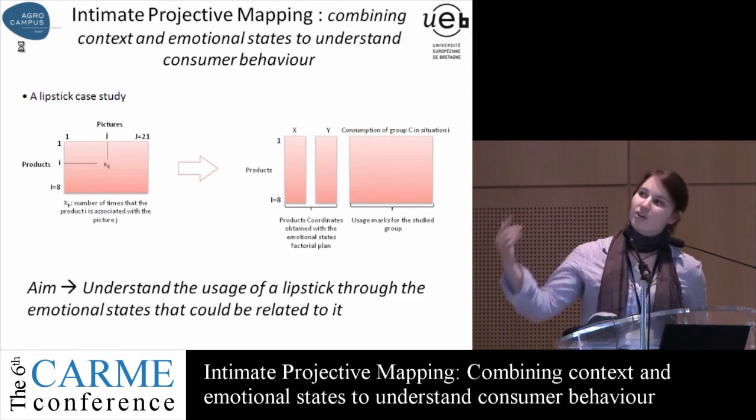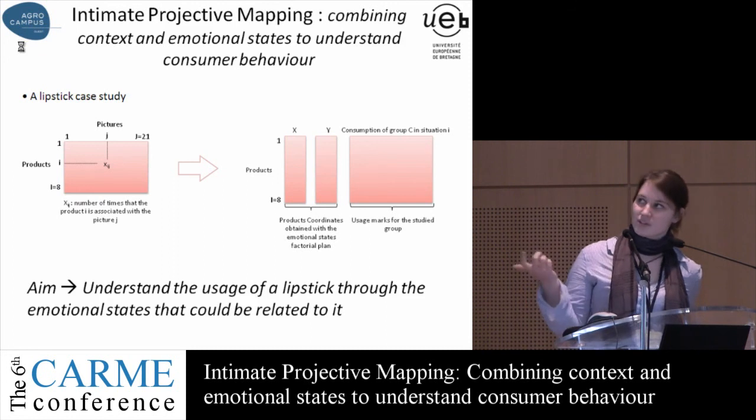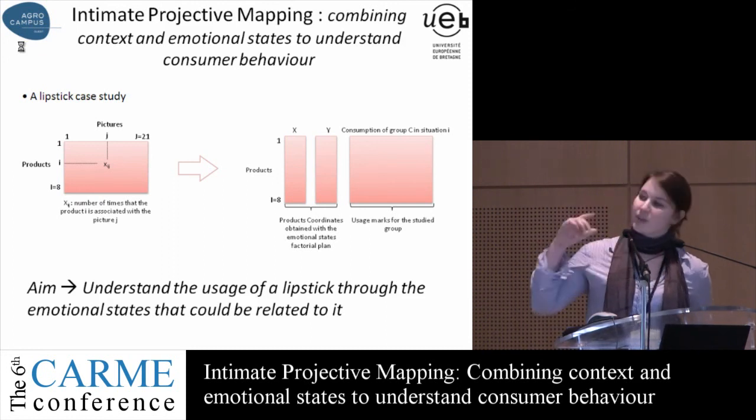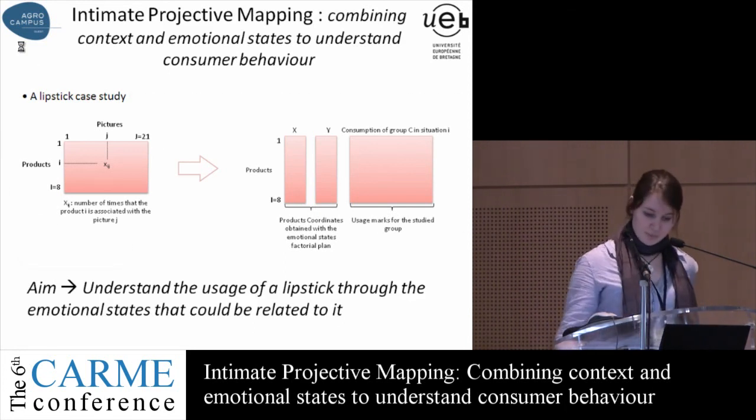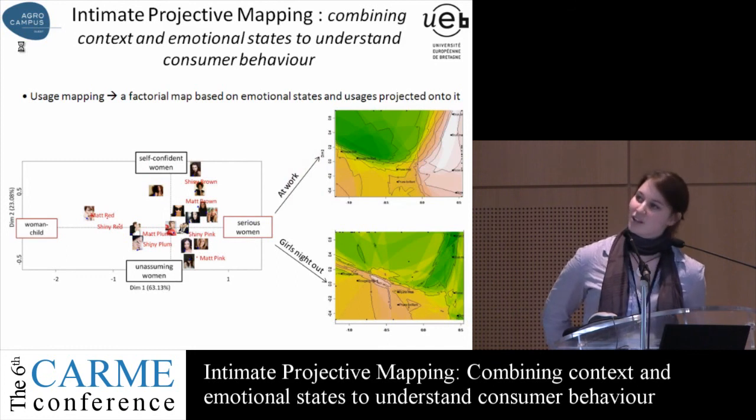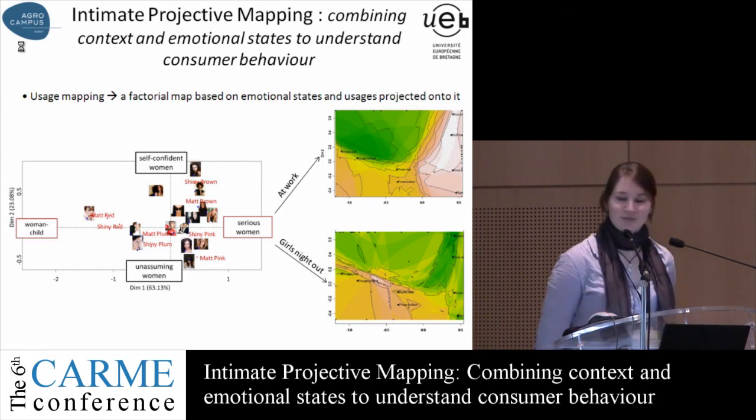You can see our contingency table that we made with products and pictures. And so we got the coordinates for our products and then projected the usage marks for the studied group. So this is basically what we got. We've got a factorial map based on emotional states, and then we projected the usages of the different lipstick onto it. So you'll know more about it if you come to see our poster.